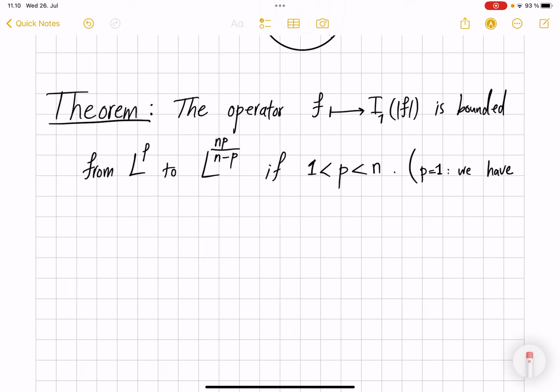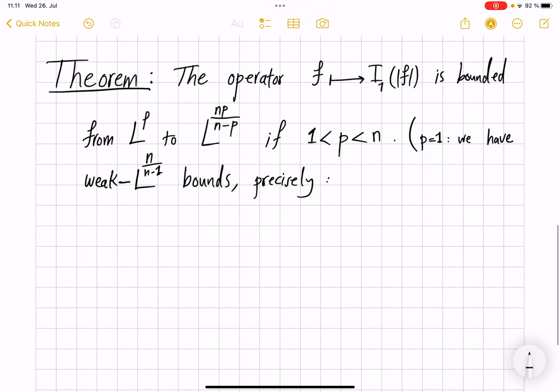So we have weak L^(n/(n-1)) bounds, which is just np over n minus p when p is equal to 1. Precisely.